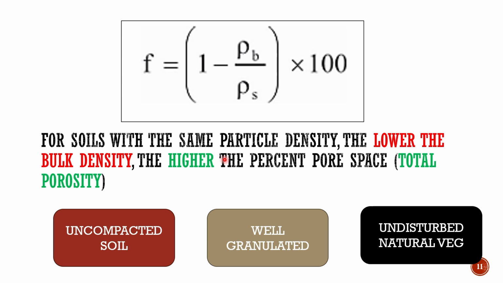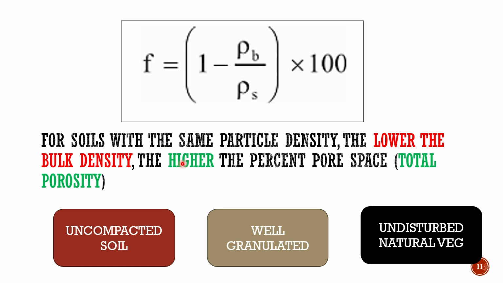Bulk density lower means what? Bulk density actually means mass by volume including pores. So bulk density and volume will be inversely proportional. That is, if bulk density is less, volume including pores will be more. Volume including pores means porosity.